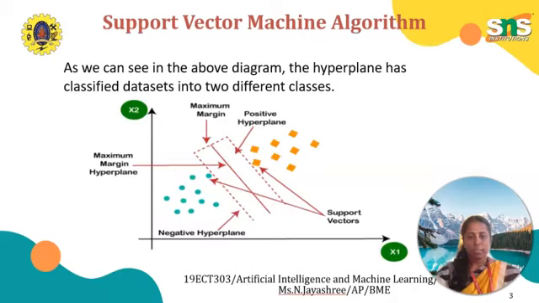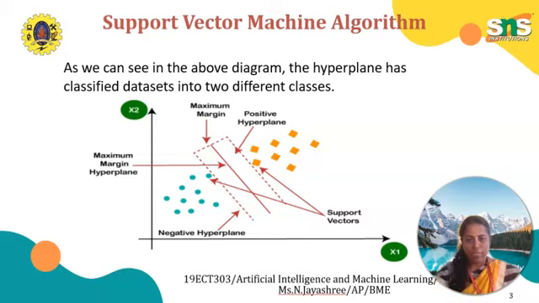It separates the data points with a hyperplane: the maximum margin, the positive hyperplane and the negative hyperplane. Below is the negative hyperplane and above is the positive hyperplane. In between is the maximum margin hyperplane. Maximum margin is nothing but the maximum width between the hyperplanes.